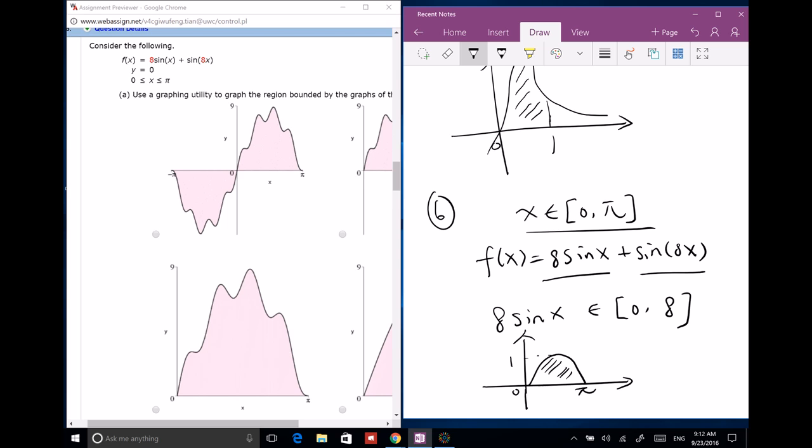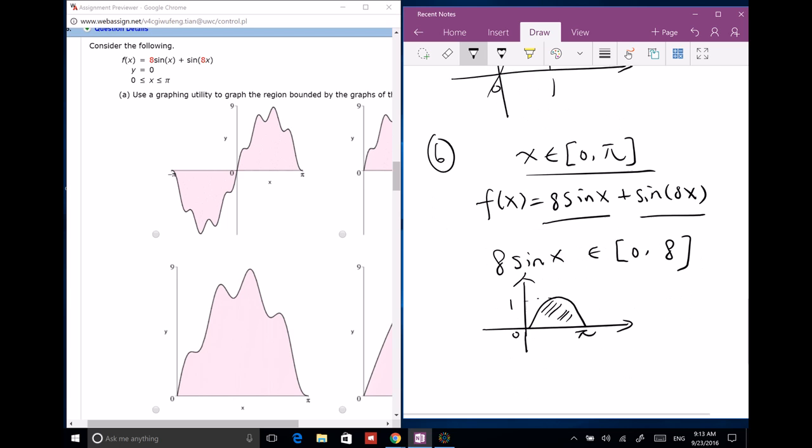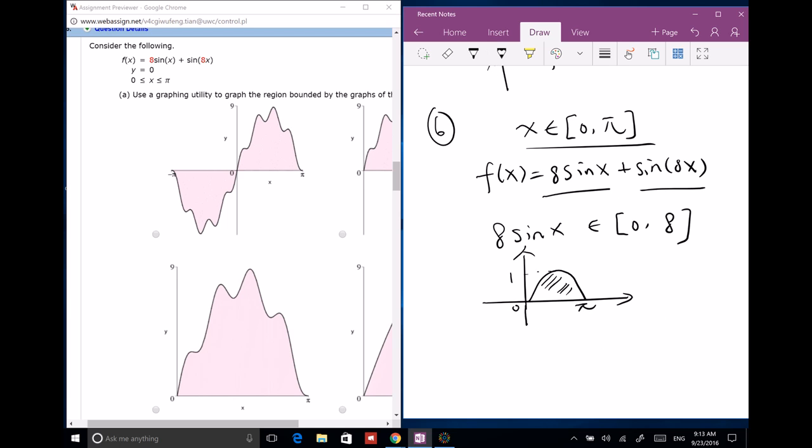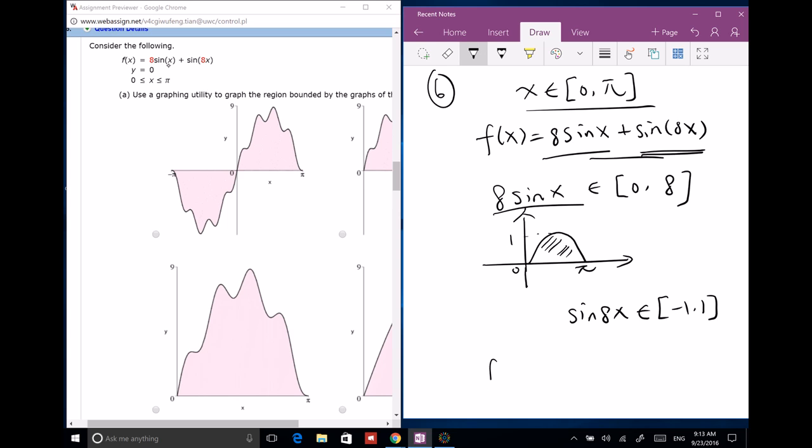But if you multiply by 8, then the function will be huge, dominating this one. The sine 8x could go from negative 1 to 1. However, 8 sine x will dominate the whole thing. So together f(x) is for sure still positive. Does that make sense?